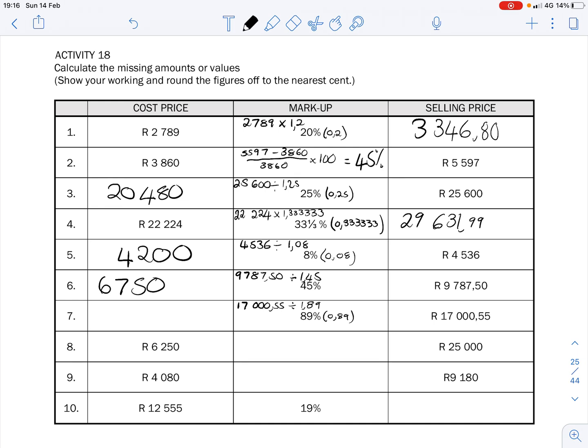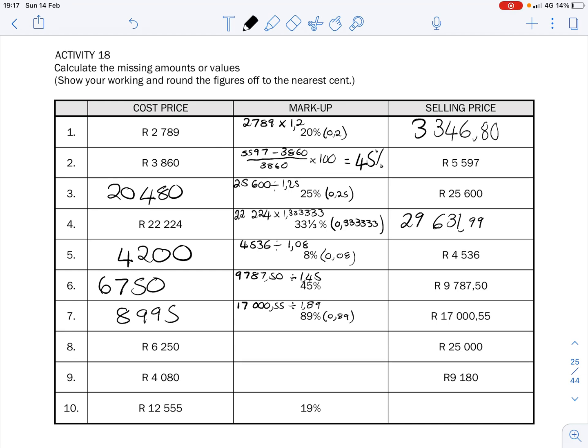Okay, if we punch that into our calculator, we should have 17,000.55 divided by 1.89, which should leave us with a cost price of 8,995 rands.